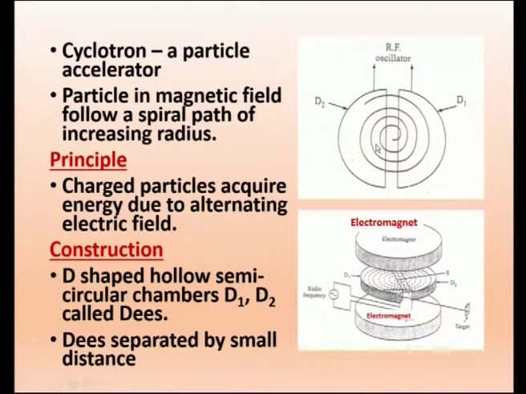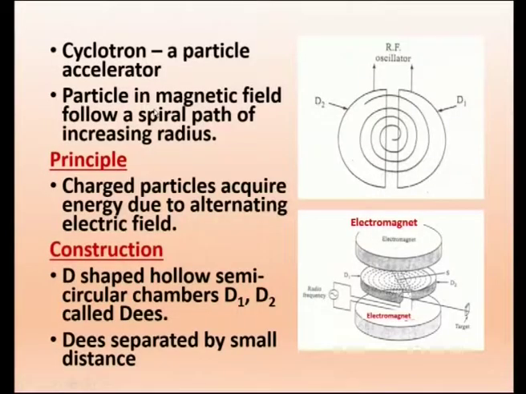Here the particle is moving in this direction along the plane of the D, and the magnetic field is applied perpendicular to the plane of D. Therefore it will make a circular path. So the basic principle is that charged particles acquire energy due to an alternating electric field.